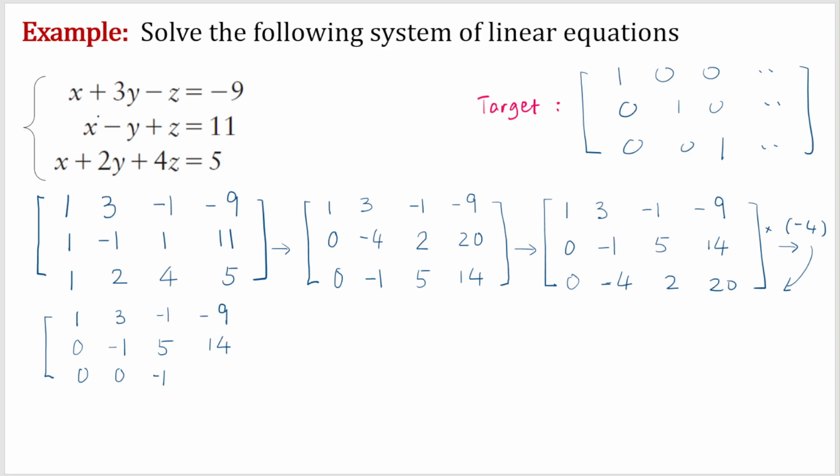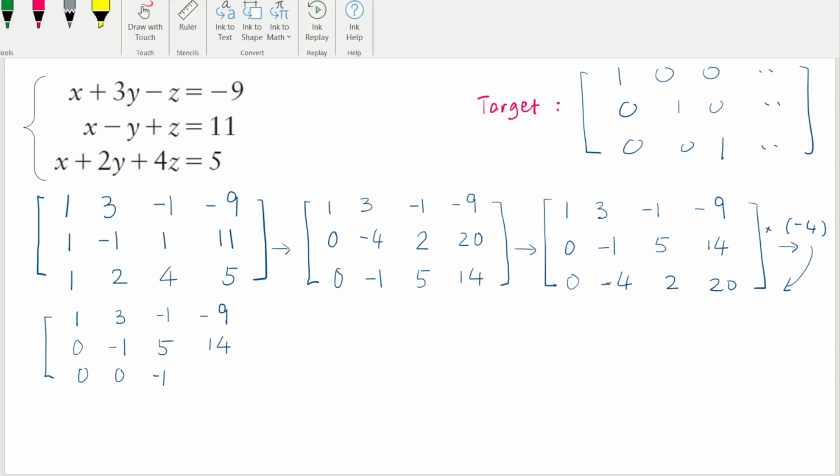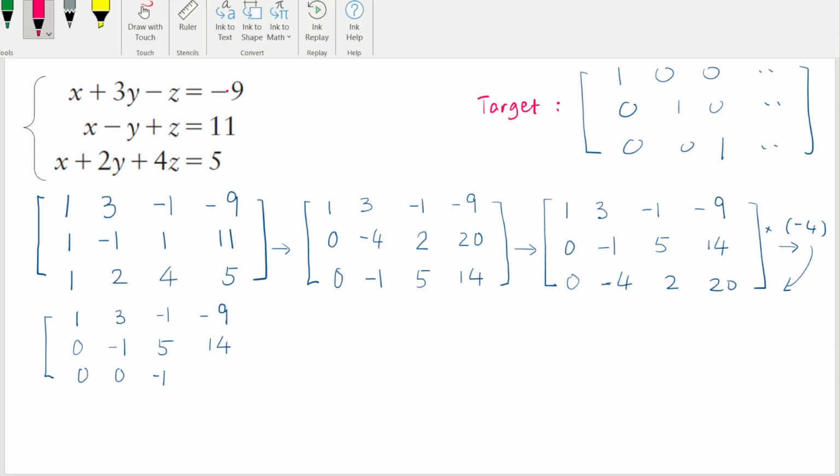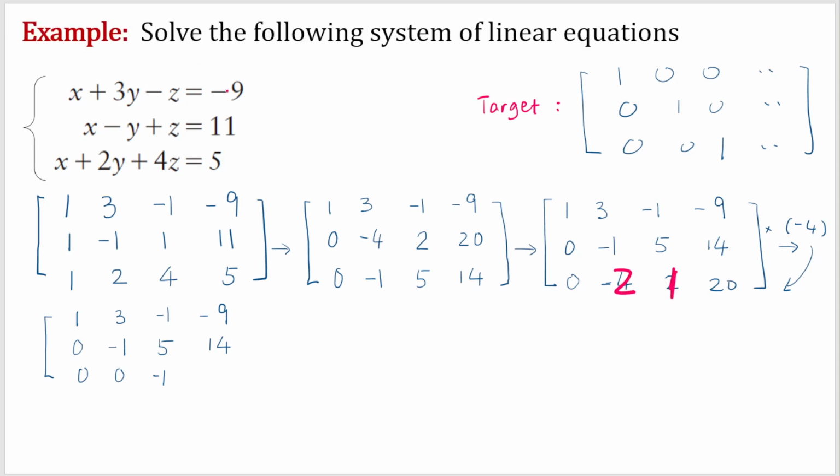Oh, actually, before we do this, we can first simplify the third row, right? If we simplify that by dividing it by 2, that'll give us -2 here, and 1 here, and 10 here, right?